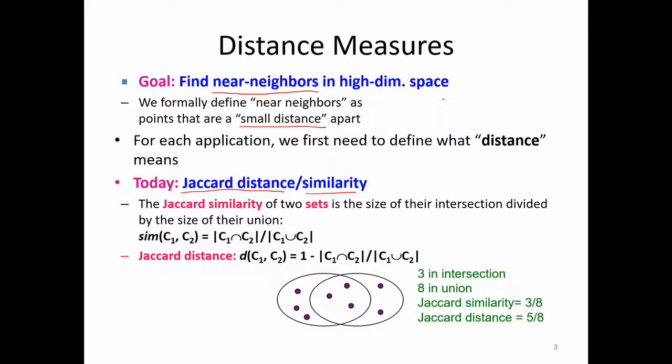So how is Jaccard similarity defined? Jaccard similarity between two sets is the size of their intersection divided by the size of their union. In this particular case, you can think of a sparse point in a high dimensional space as a set. We will discuss how.